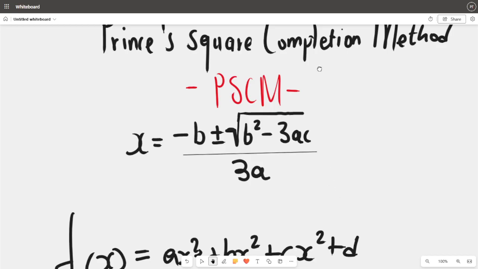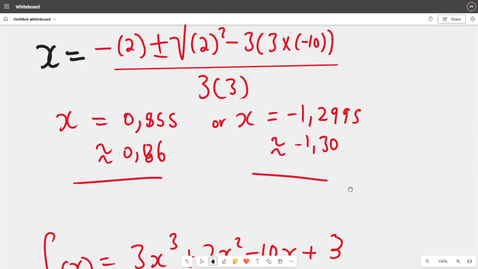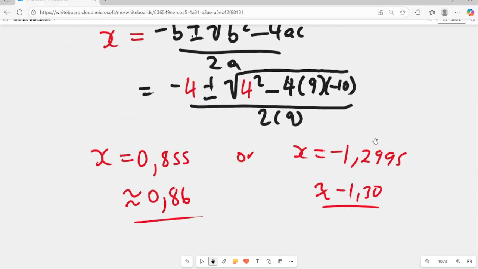And there's more to learn about this, which there's something I need to clarify. Now, with the PSCM, I want you to notice something.